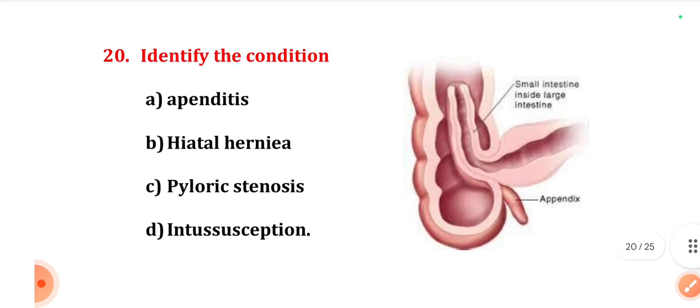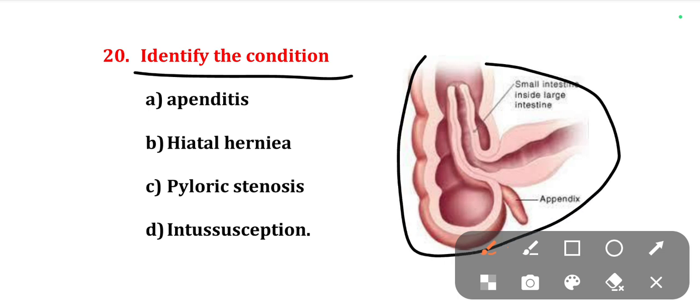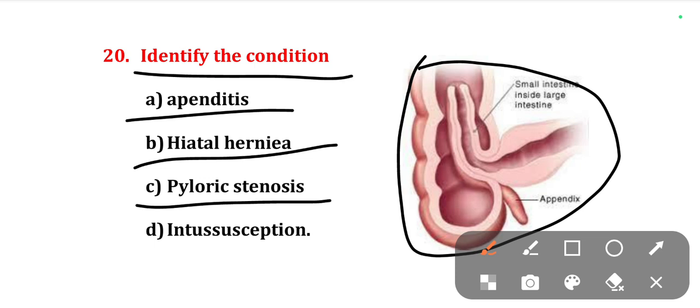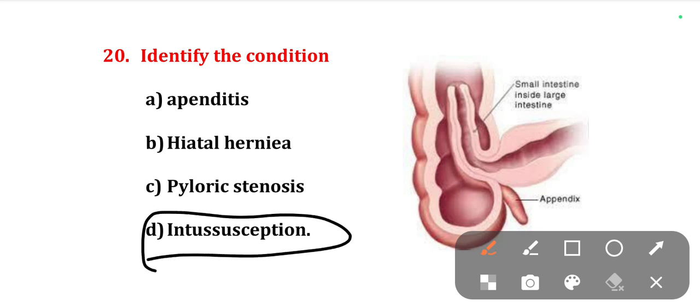So the last question is identify the condition. So what is the condition here in the picture? Options are appendicitis, hiatal hernia, pyloric stenosis, intussusception. The right one is intussusception.